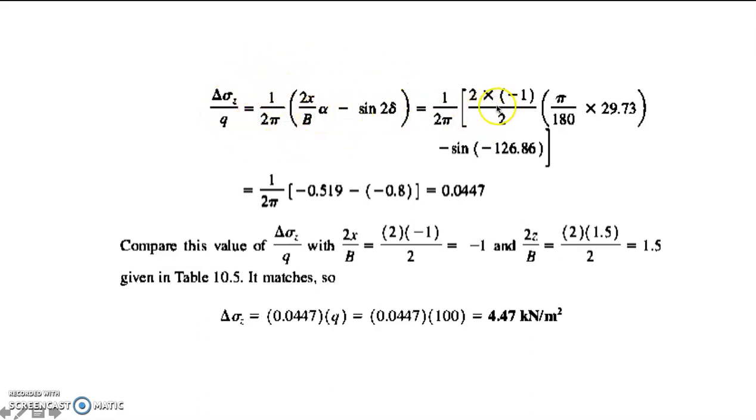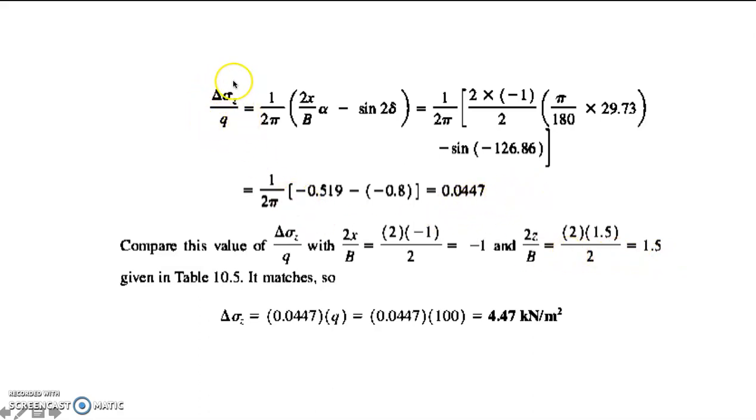From the equation that was presented a while ago, you simply substitute our parameters, alpha and small delta, and this ratio is equal to 0.0447. If you compare this to table 10.5, we have 2x all over b is negative 1 and 2z all over b is 1.5, and the value is 0.0447.